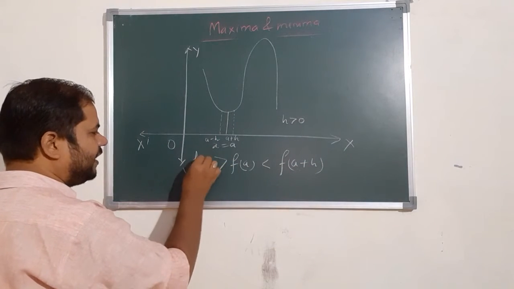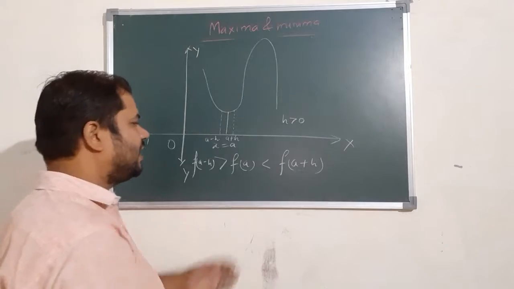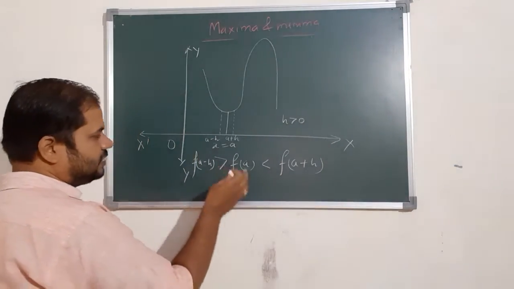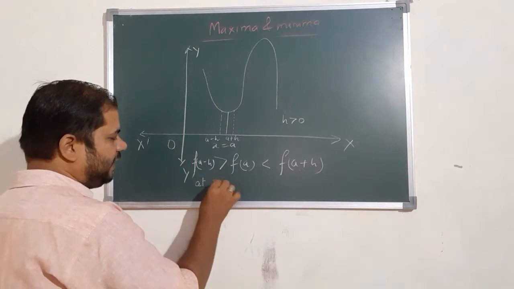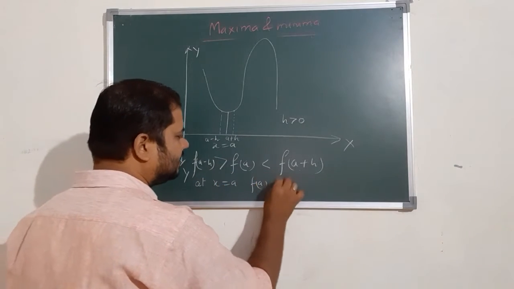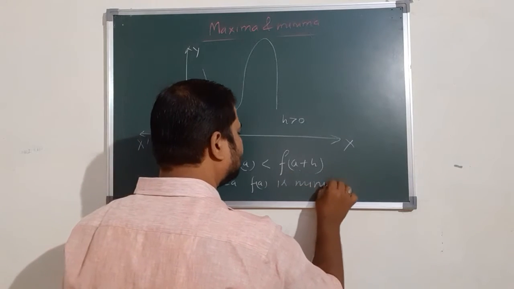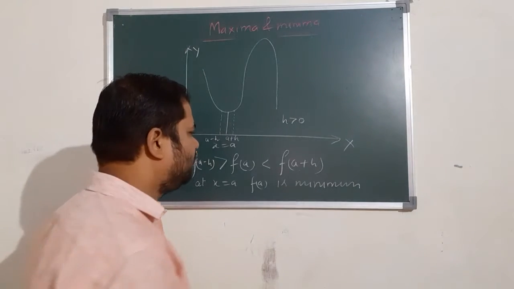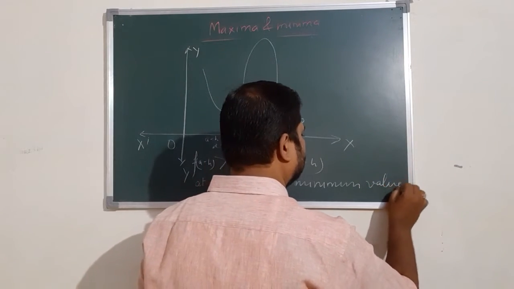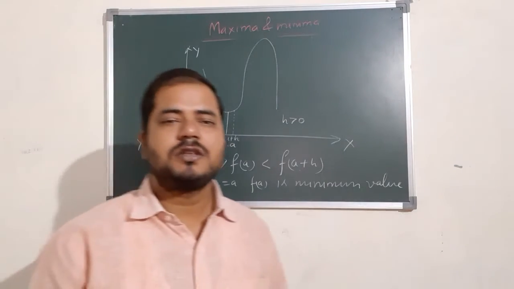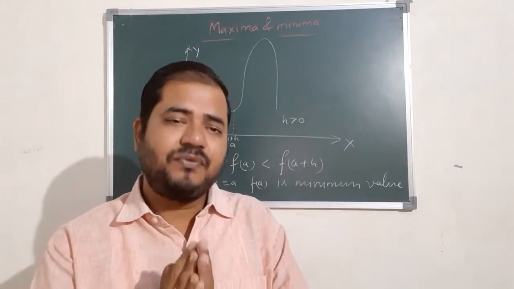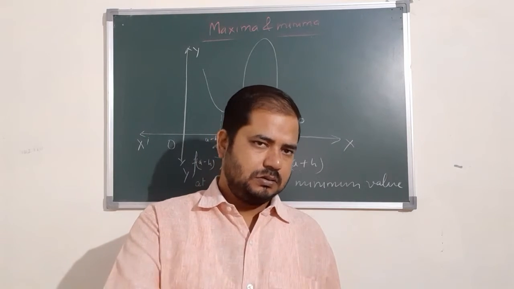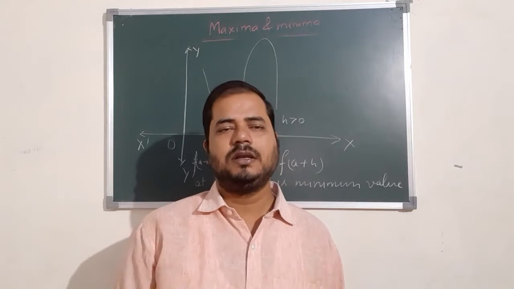मतलब अपने लेफ्ट और राइट सब में क्या है, सबसे छोटा है. That's why we can say at x equals a, f(a) is minimum, f(x) is minimum and f(a) is the minimum value. तो जब भी कभी मिनिमा का कॉन्सेप्ट होता है तो उसमें क्या होता है, f(a), that means at that particular point x equal to a or x equal to c, the value of the function is minimum.